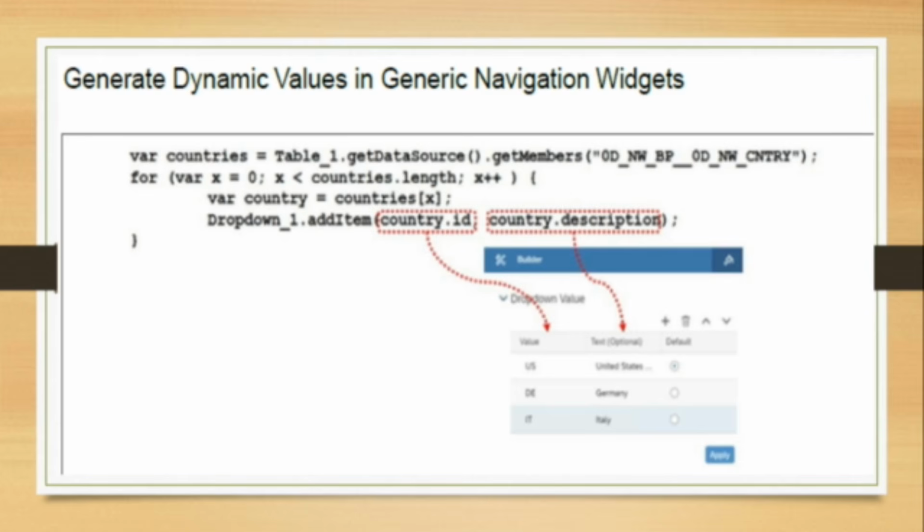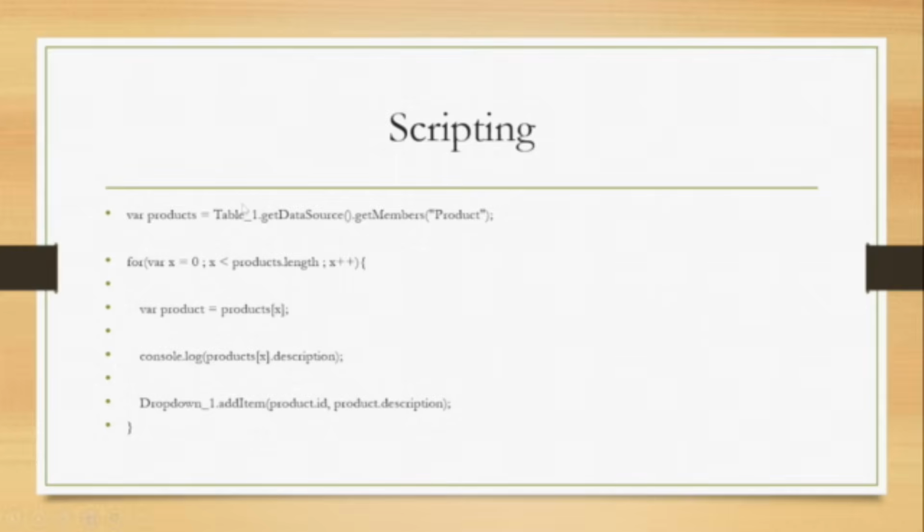After that, a for loop is initialized, and as we discussed in the earlier example, the for loop goes one by one through the members of the array and moves each to the variable country, which is a new variable that holds a single value from the array.